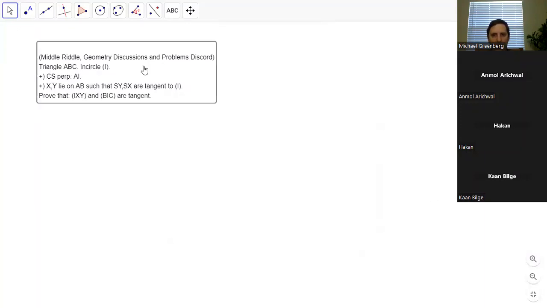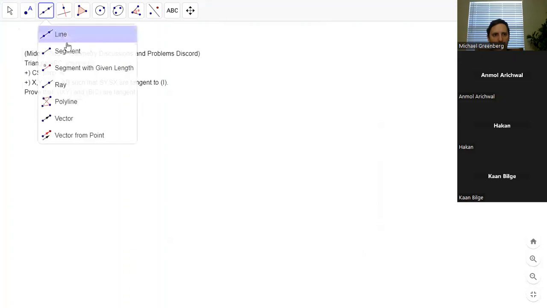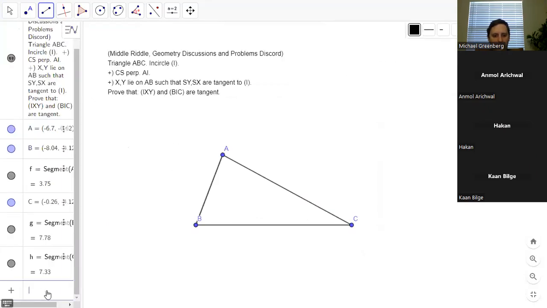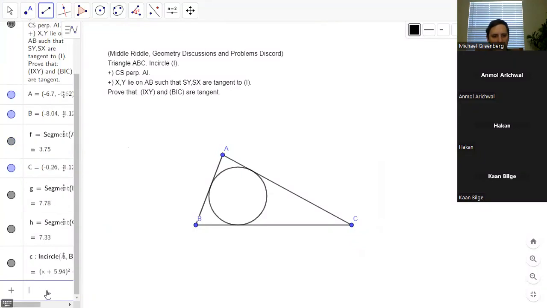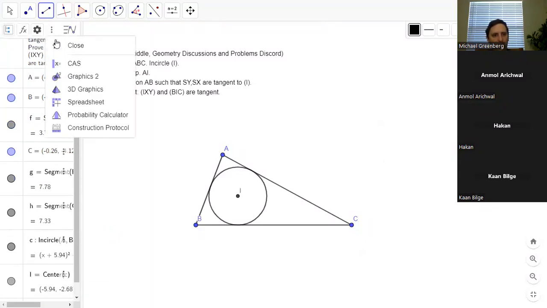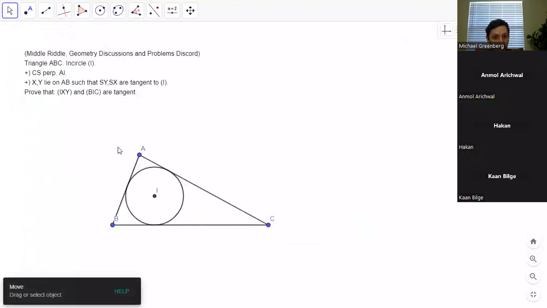So, all right, in the circle has center I. CS is perpendicular to AI.